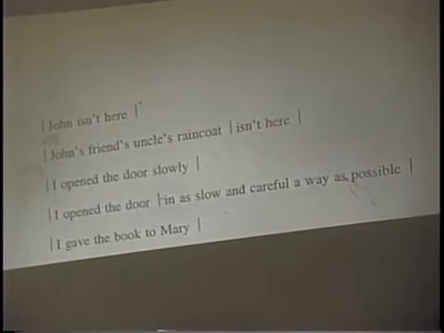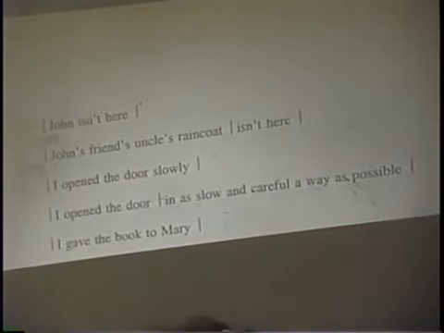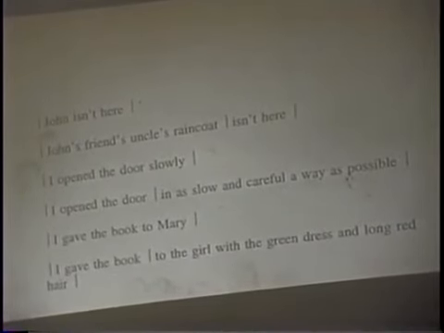If I make to Mary more complicated by making it longer and having more words in it, then you might come up with something like this. I gave the book to the girl with the green dress and long red hair. Okay, it's more likely that I will have two word groups in that and split the complicated bit off from the rest.